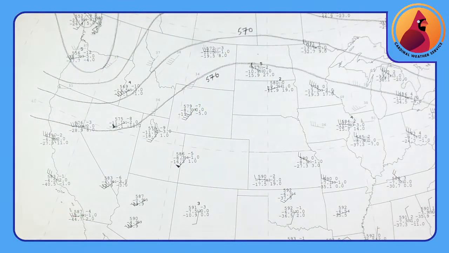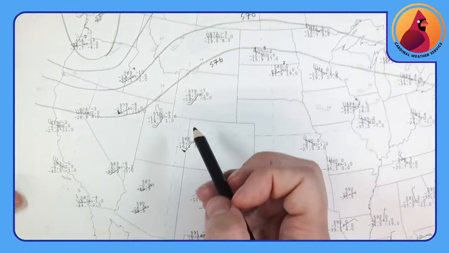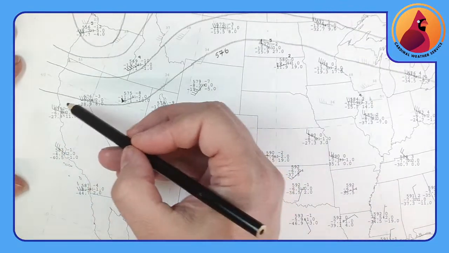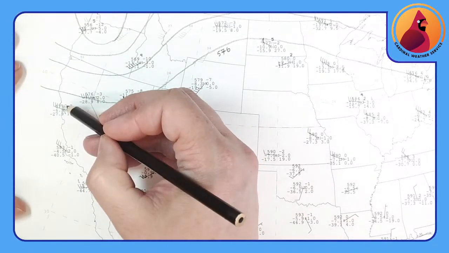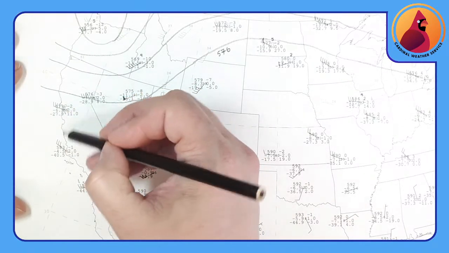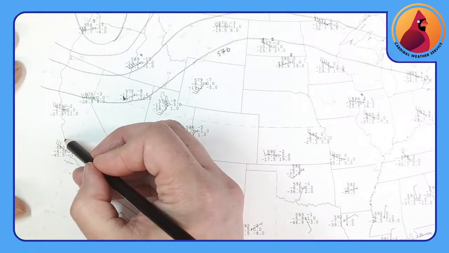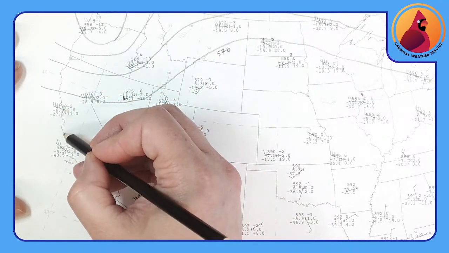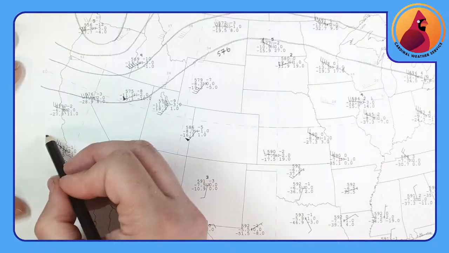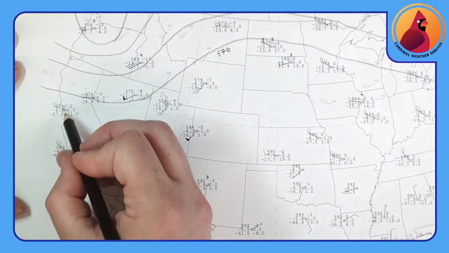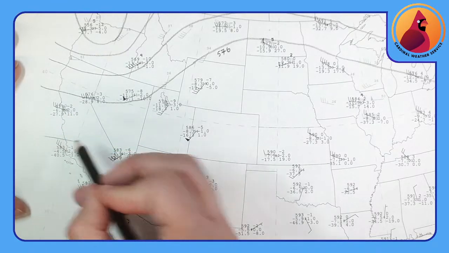Alright, so next is 582. So our 582 line will start over here on the west coast once again. We've got 583 and 579, so we're going to be a little bit closer to this 583. Not terribly far from the 579 though.